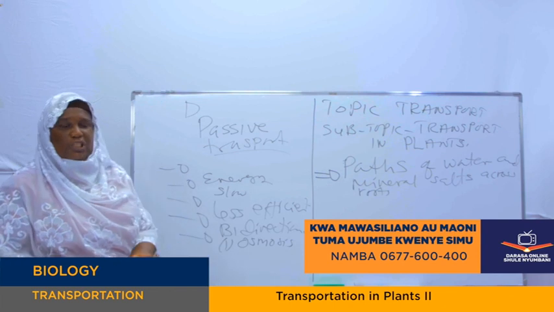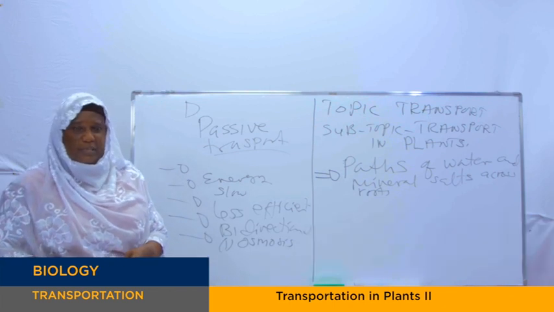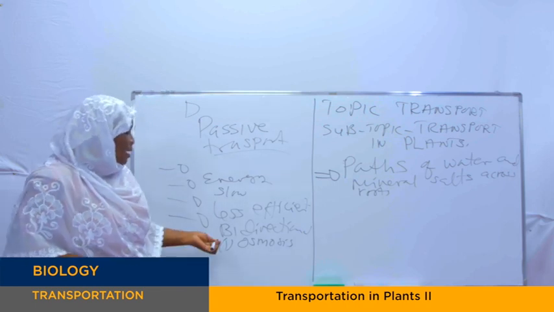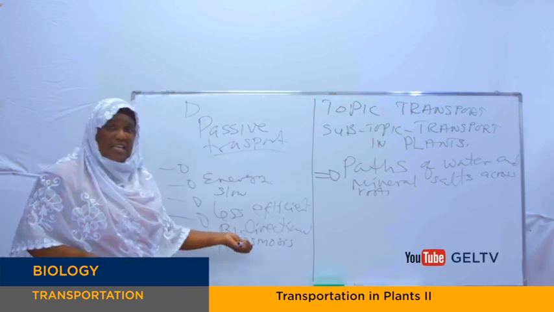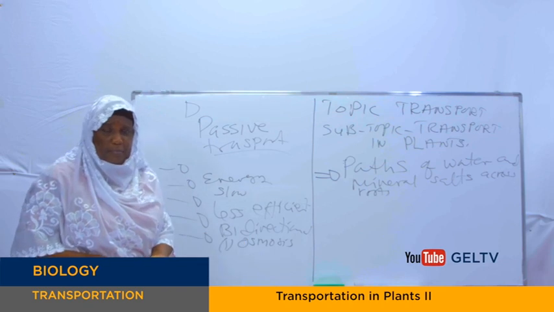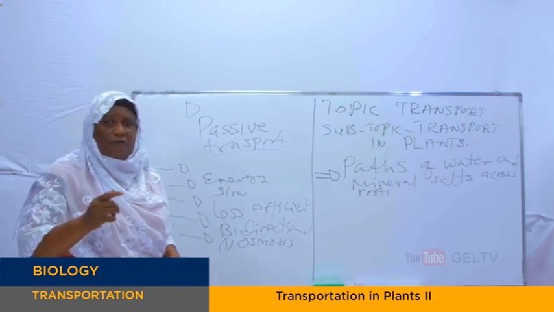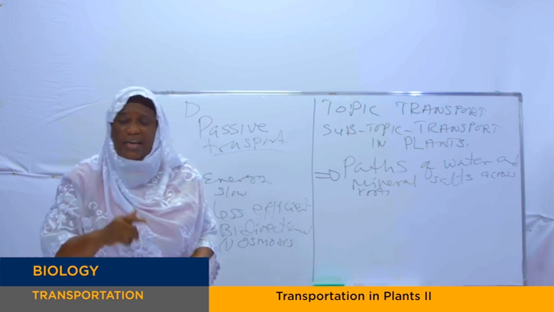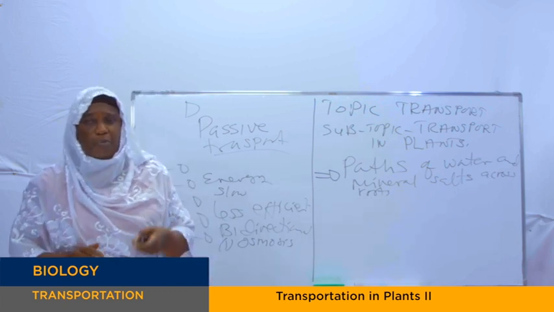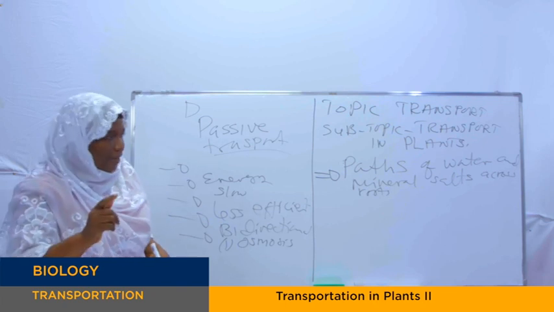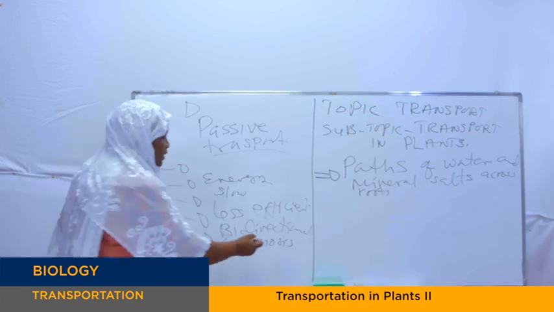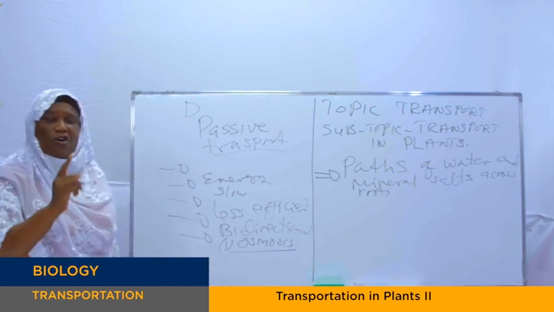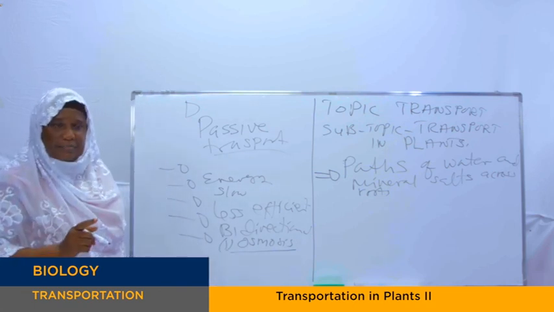You discussed osmosis. For your information, osmosis involves movement of water. Movement of water from the area of high water potential to the area of low water potential. I repeat, osmosis here is based on movement of water only.